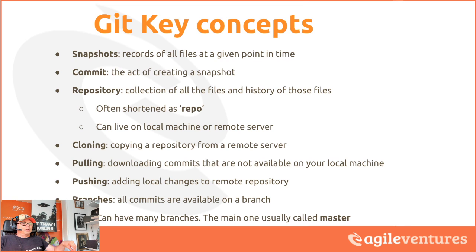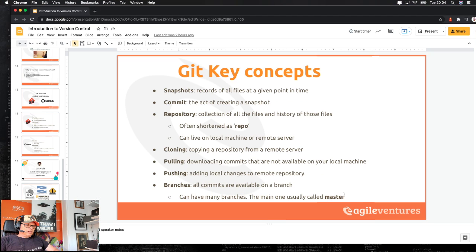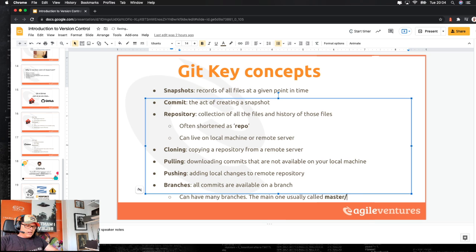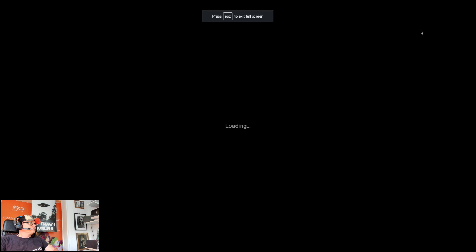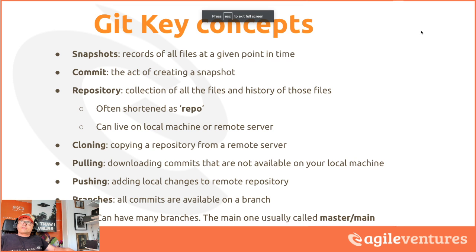And then finally, just to keep things as simple as possible, there is this idea of branches. All commits are available on a branch. A repository can have many branches, and they can diverge and differ from each other. The main branch is usually called master, but recently the community agreed to change that, and nowadays the default branch is called main instead.